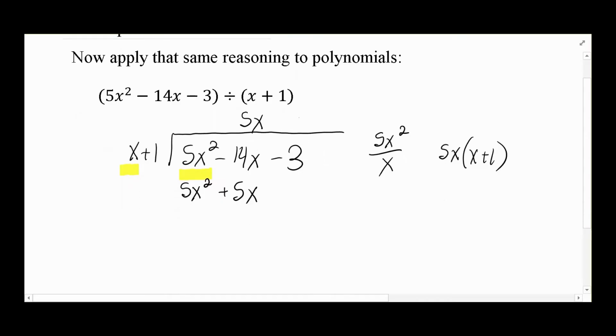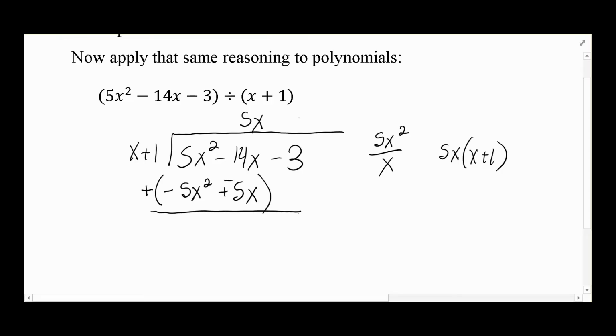The next step in long division is our subtraction step. Oops, I erased part. We're subtracting, and here's the important part, we're subtracting that entire polynomial, that entire 5x squared plus 5x. By putting parentheses there, I remind myself I'm subtracting the whole thing, and that means distributing that negative to both terms.